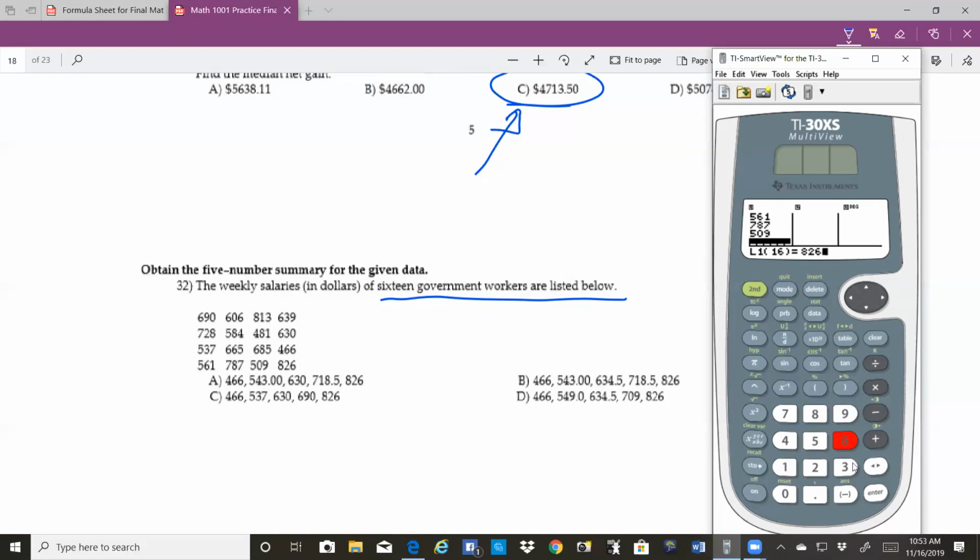That should be 16 data points, and it says it's 16. So we've entered them all.